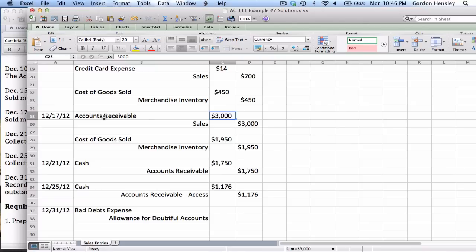I still haven't collected that. So as of the end of December, that's the one thing that's left outstanding. So that's $3,000. So what I want is 1% of $3,000, which is $30. So I'll go ahead and record an allowance for doubtful accounts of $30 in order to account for the fact that I do have that one outstanding receivable.